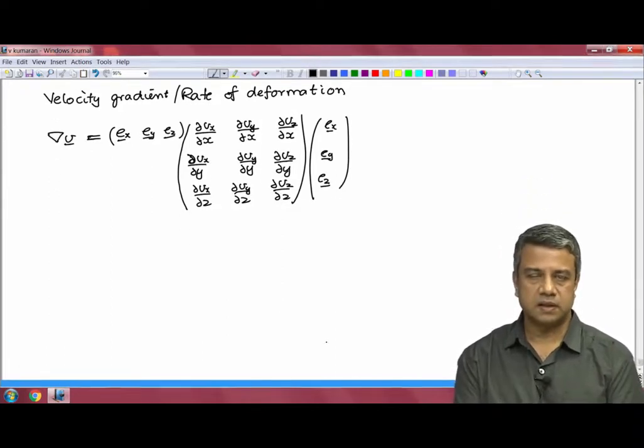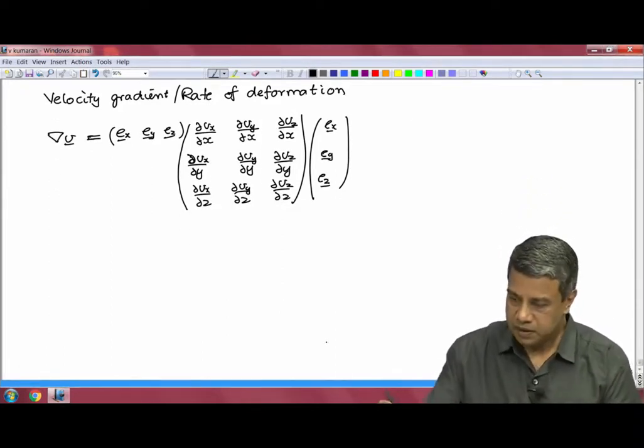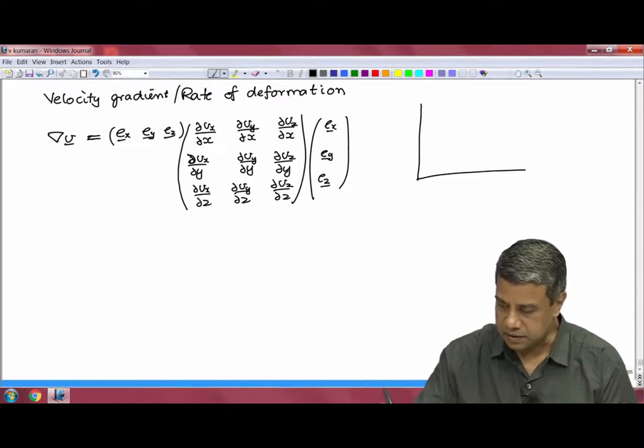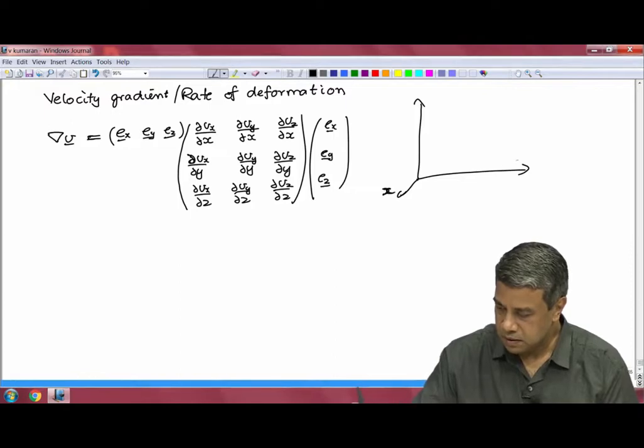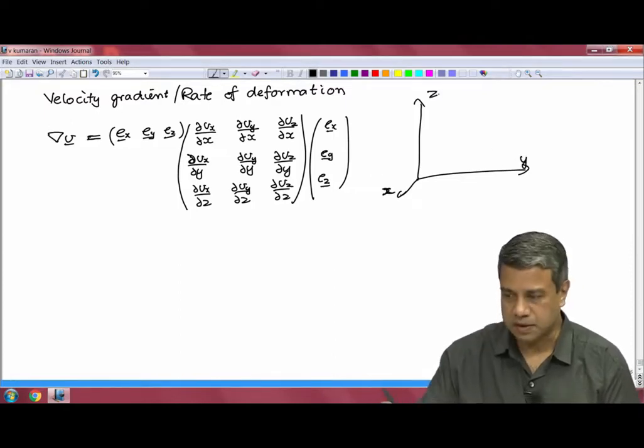There is the velocity gradient, or the rate of deformation tensor, and I had physically explained this to you, in x, y and z in 3-dimensional space.